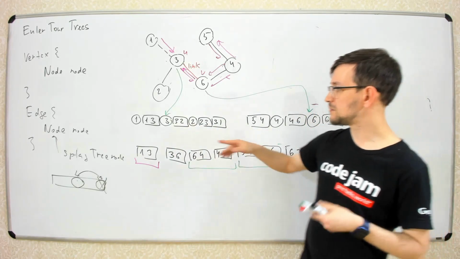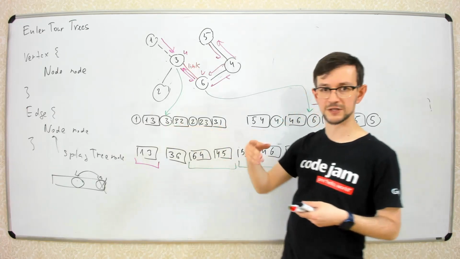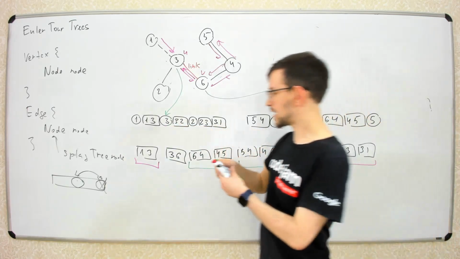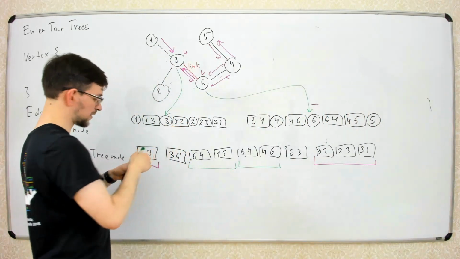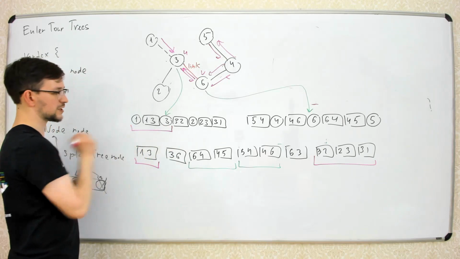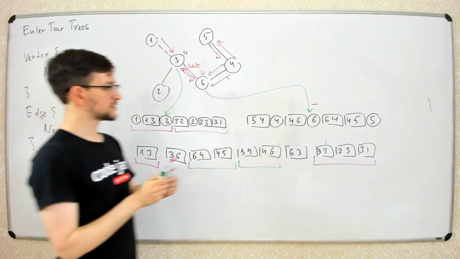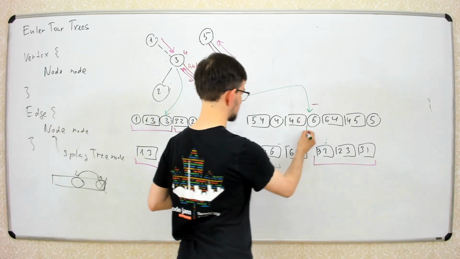I simply need to split around this position, before or after, that doesn't matter. For example, I split the first tree here, and have these two parts. And I split the second tree here, and have these two parts.